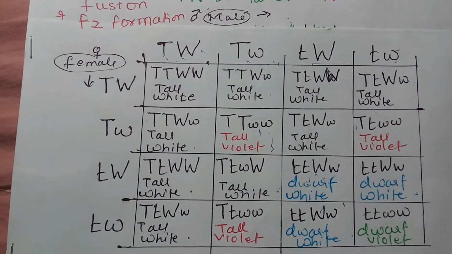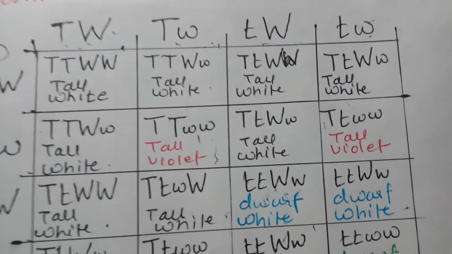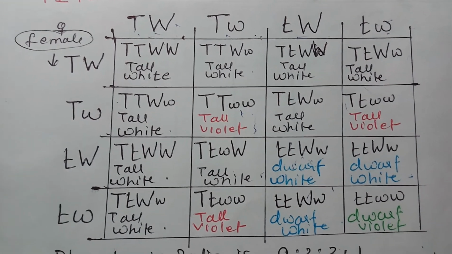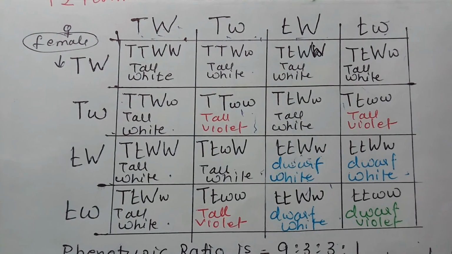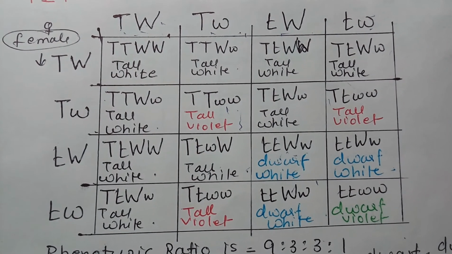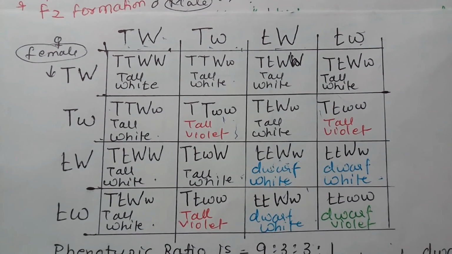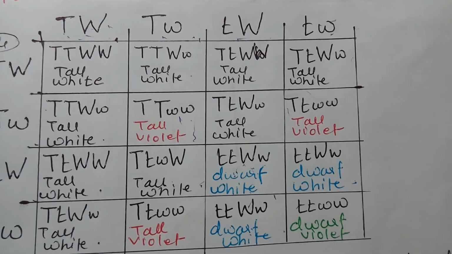There is interaction between the allelic pair small t and capital T, that you can see, but there is no interaction between T and W. The height is inherited in its own way, and the color of the flower, its alleles are inherited in their own way. So hence you are able to see different combinations.